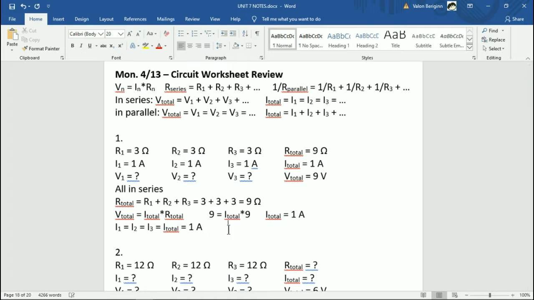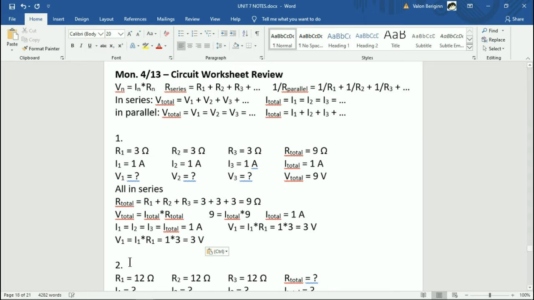V1 equals I1 times R1 equals 1 times 3 equals 3 volts. Hopefully you can see that all of the other resistors are the exact same, because the numbers are the same, so they're all 3.